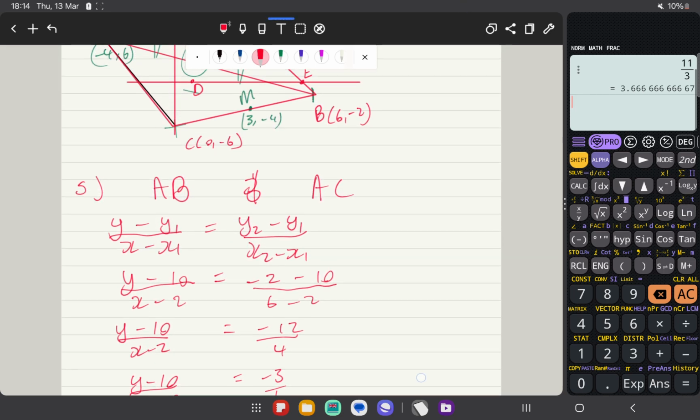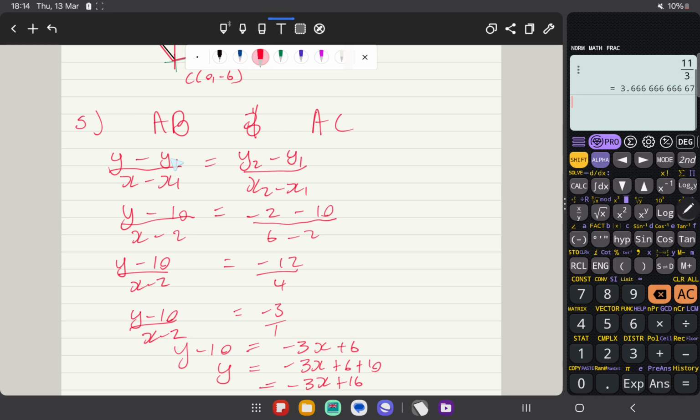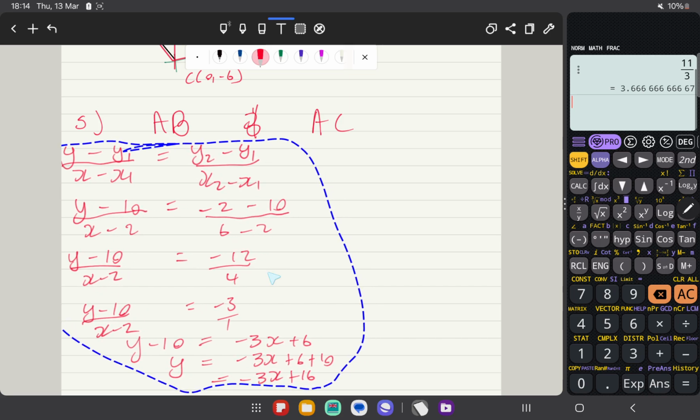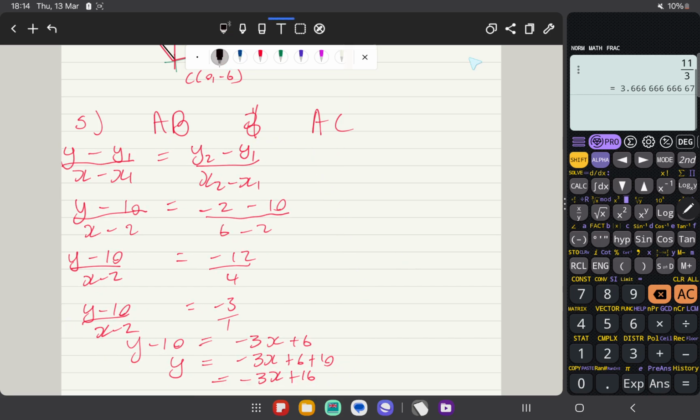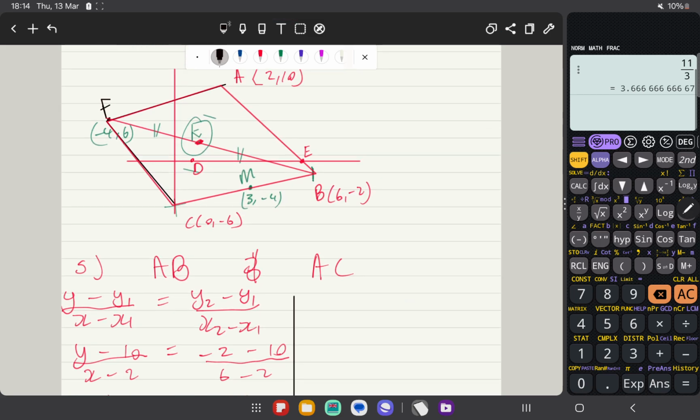And then for AC, I will do the same sort of thing. y minus y1 over x minus x1 equals y2 minus y1 over x2 minus x1. Now I substitute.